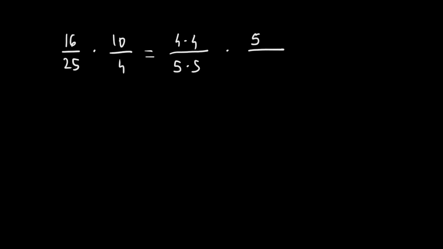Now let's say we have 16 over 25 times 10 over 4. Here we know that 16 is 4 times 4 and 25 is 5 times 5. And we also know that 10 is 5 times 2.